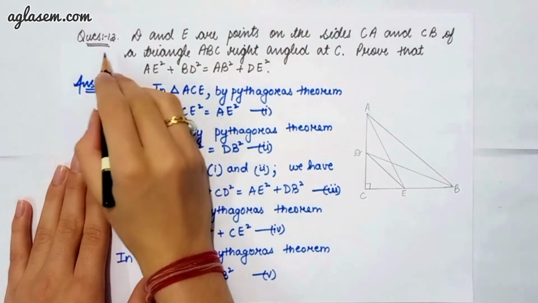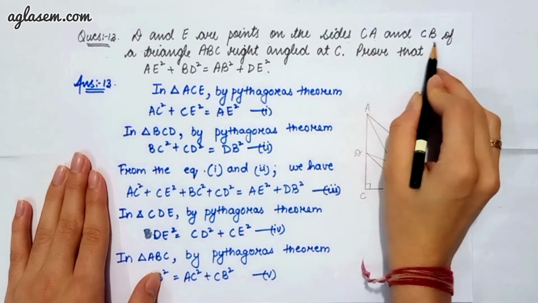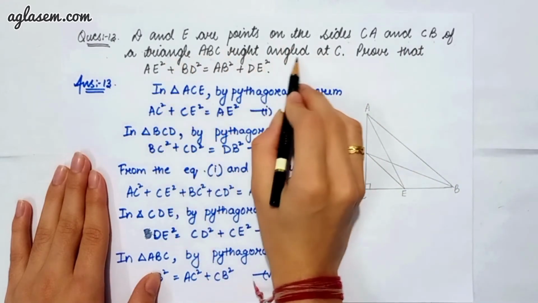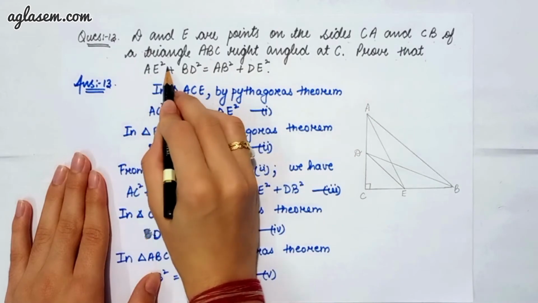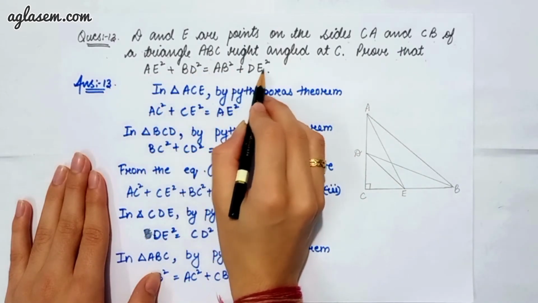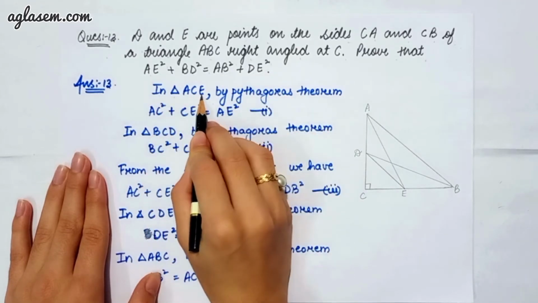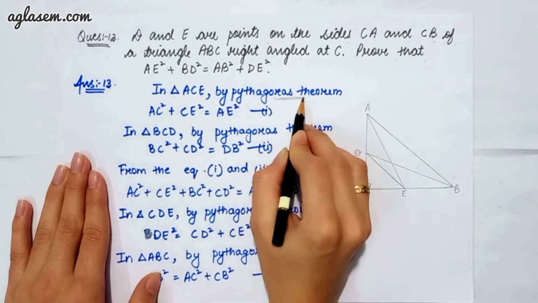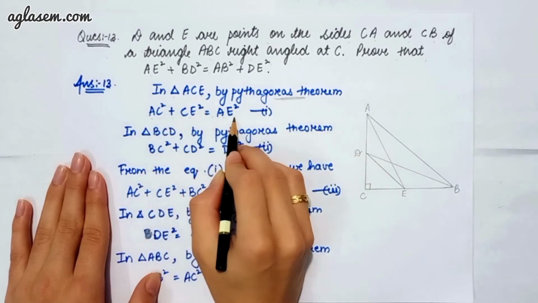Question number 13 says, D and E are points on the sides CA and CB of a triangle ABC right angled at C. We have to prove that AE square plus BD square is equal to AB square plus DE square. So again we have to take a triangle, that is ACE, and in this we have to apply Pythagoras theorem, that is AC square plus CE square is equal to AE square.